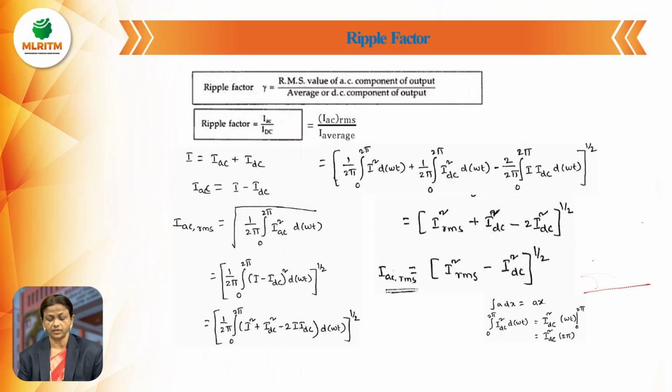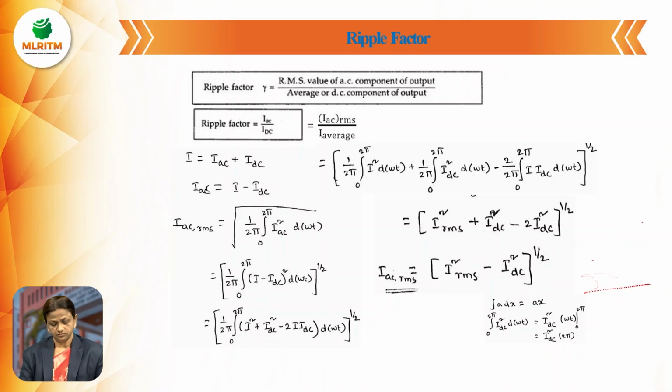So IRMS by I average or IDC value. Total current is the sum of the AC component as well as the DC component. Therefore, current I equal to IAC plus IDC. IAC is the AC current component value, IDC is the DC value. Therefore, from the above formula, IAC equal to I minus IDC.